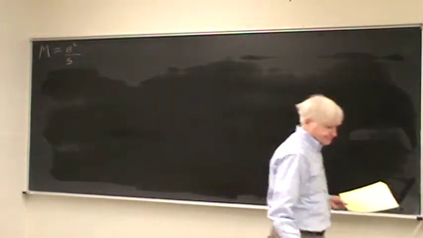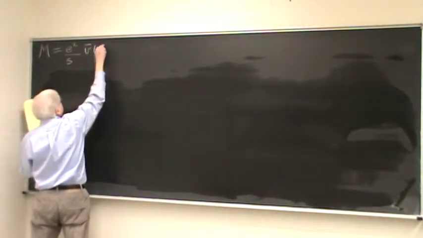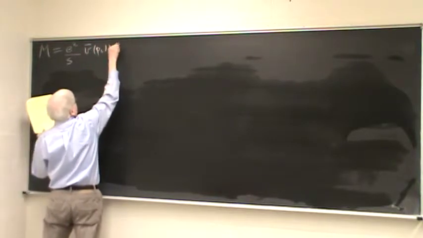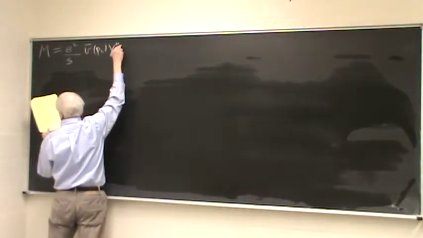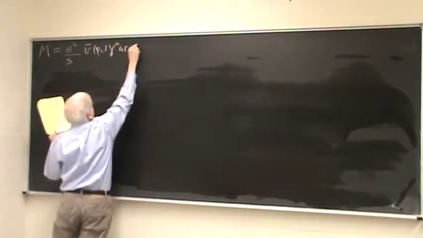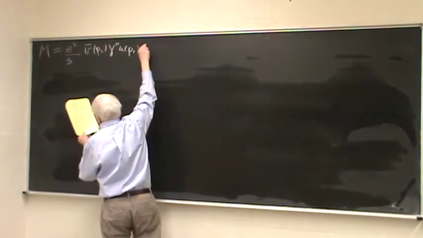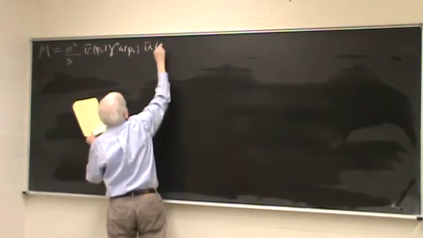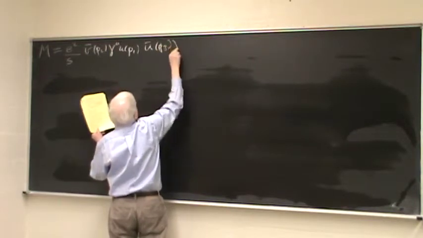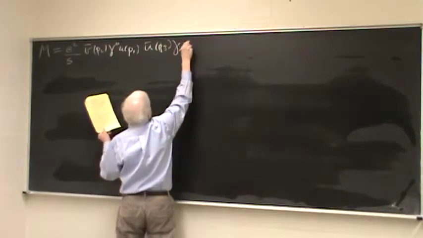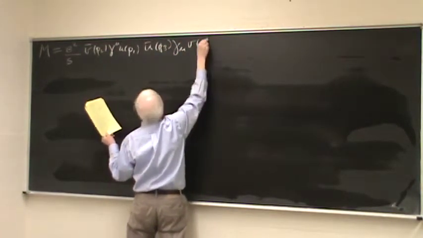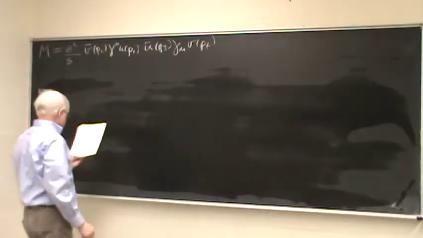And then we had v bar of p2, gamma mu, u of p1, u bar of p3, gamma mu, v of p4.